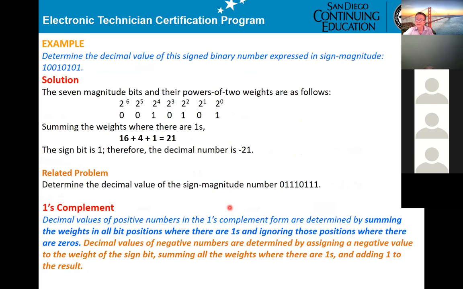Okay, determine the decimal value of this sign binary number expressed in sign magnitude. You get a number 100100101. First thing you can say, this number will be positive or negative.